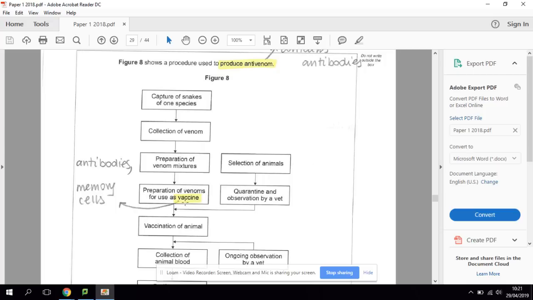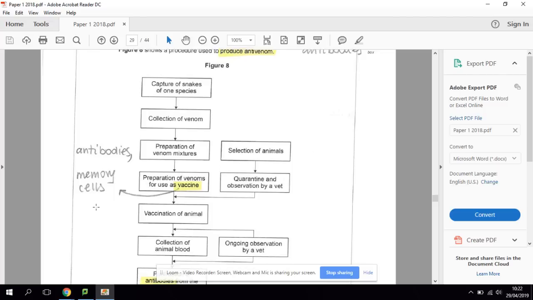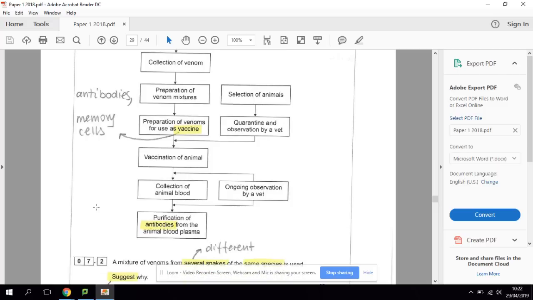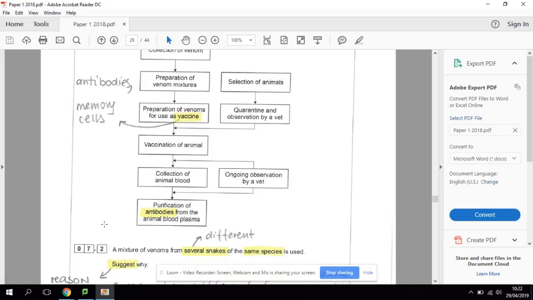To release antibodies and produce lots and lots of memory cells, which will act faster because they're going to produce more and faster antibody. Then here we've got the vaccination. And then we've got what we wanted, the antibodies, which will be found in the blood plasma.